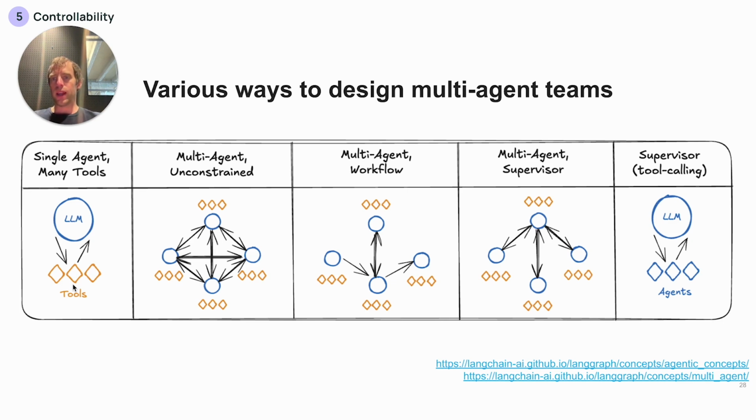For example, you can have a single agent with access to many tools. That's like the base case. But you can have a multi-agent unconstrained pattern where any agent can interact with any other agent. You can have different patterns of a multi-agent workflow where one agent starts.